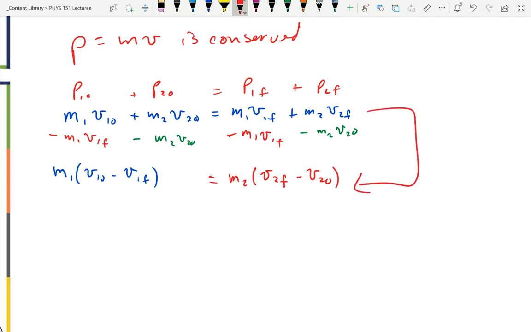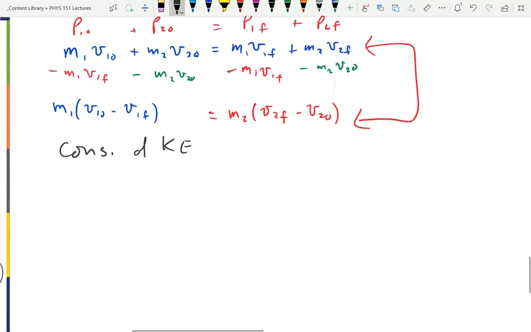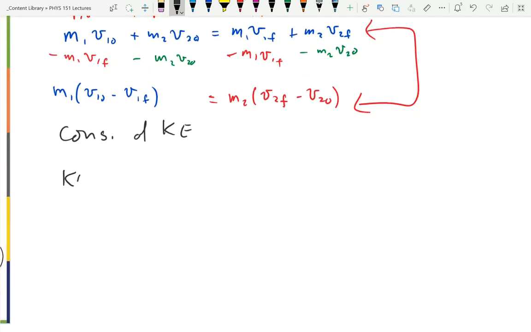So these two are equivalent. They have exactly the same information. But now we go to conservation of kinetic energy. Remember, conservation means doesn't change. So I'm going to have my kinetic energy initial, which is going to be kinetic energy 1 initial plus kinetic energy 2 initial equals kinetic energy 1 final plus kinetic energy 2 final.